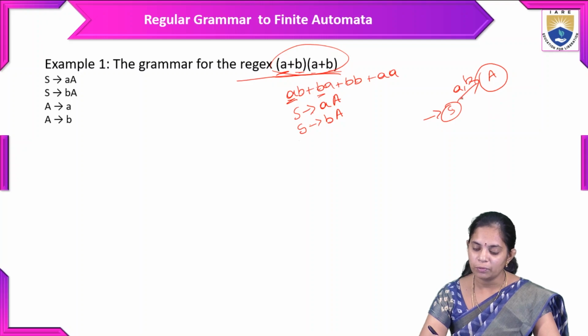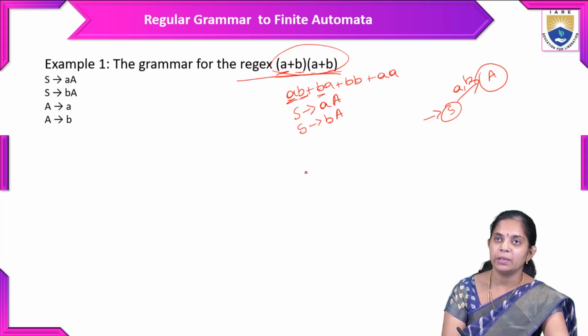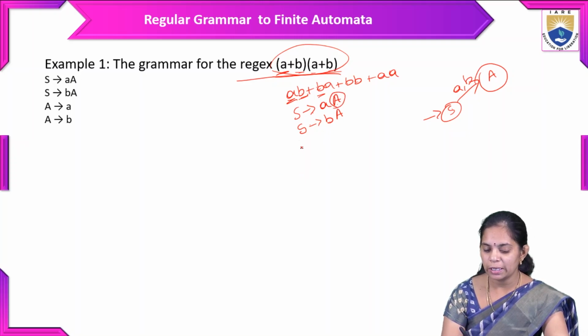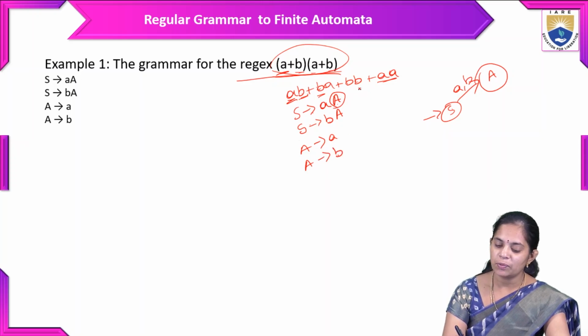And now we have to take the next value: either it ends with a or b. We need to check that. When it is reaching this state, A tends to a satisfies this condition, and A tends to b satisfies this condition.